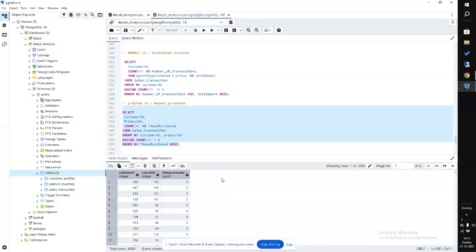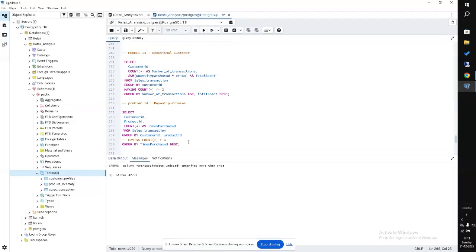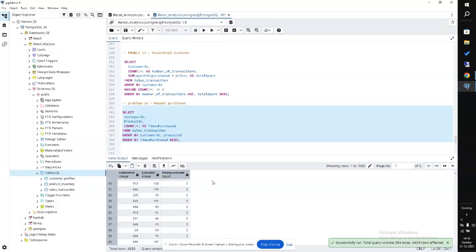Okay, we also solved this question. So let's see. I'm not using having, so what will be the effect if I'm not using this?